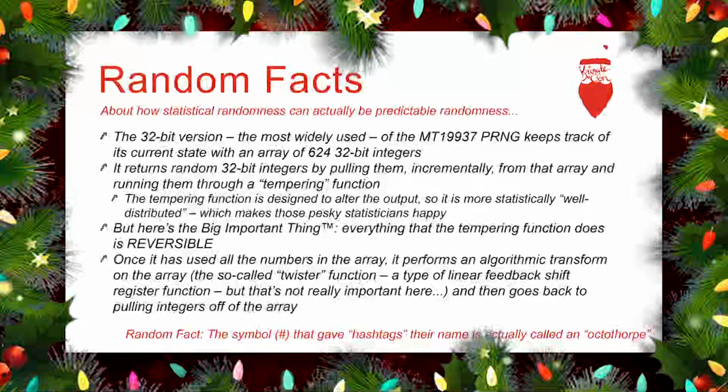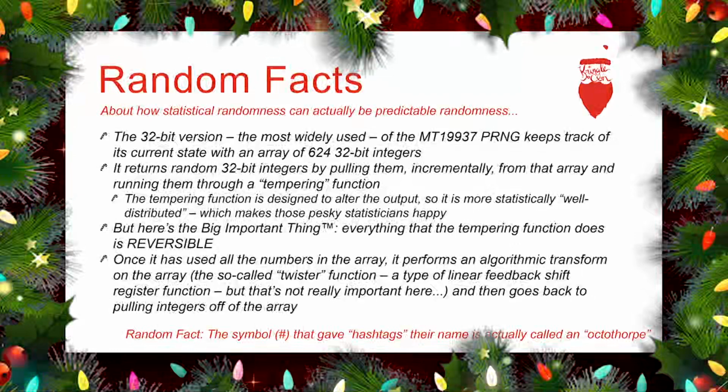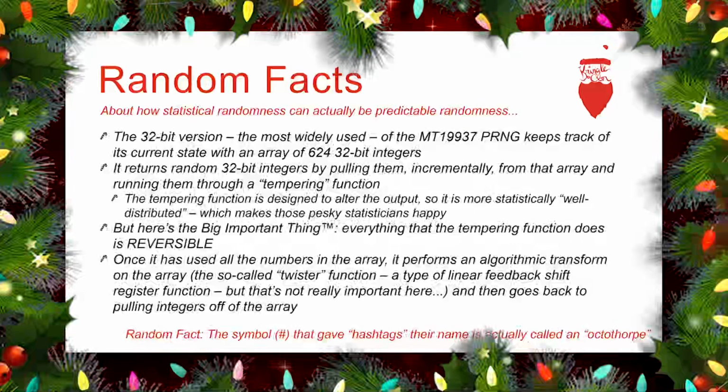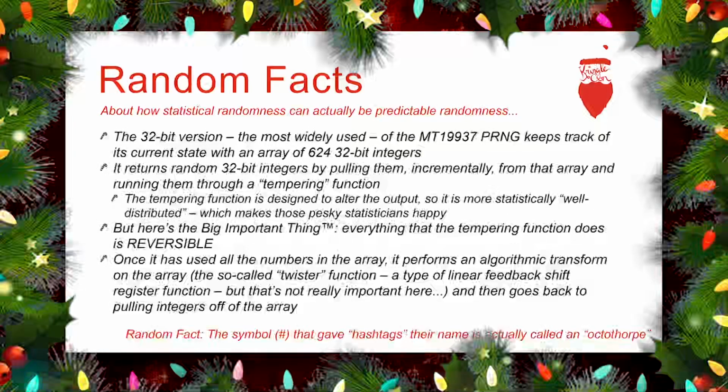The 32-bit version of the MT19937 pseudo-random number generator keeps track of its current state with an array of 624 32-bit integers. That's how it keeps track of where it is and what it's going to be outputting.